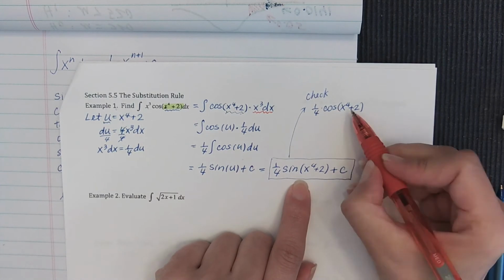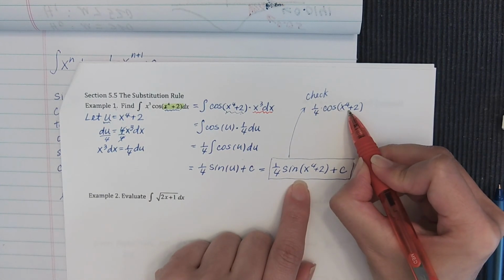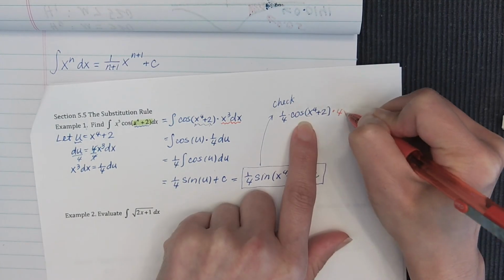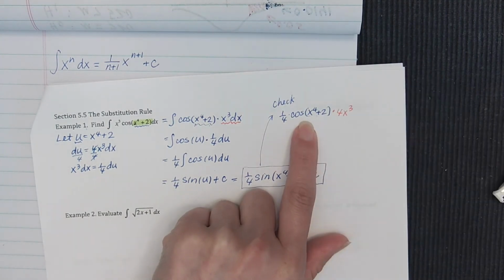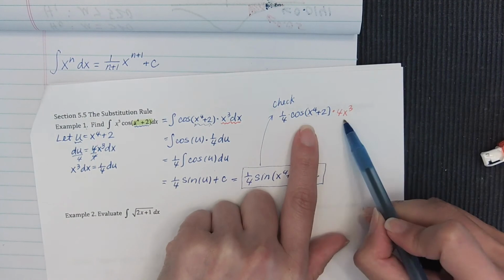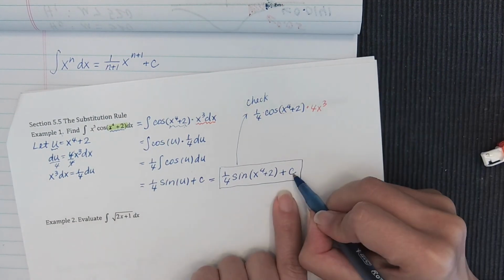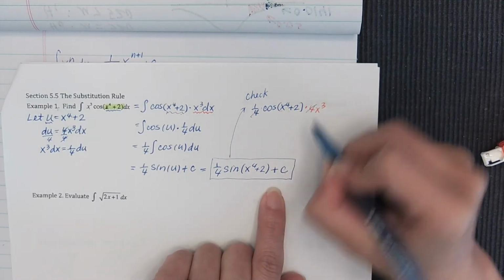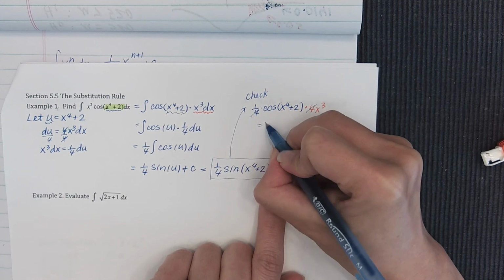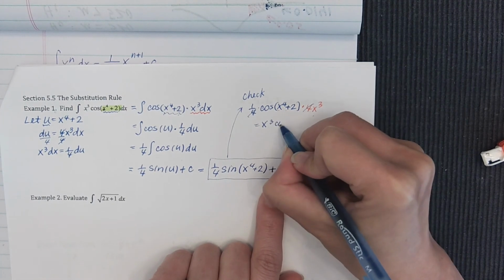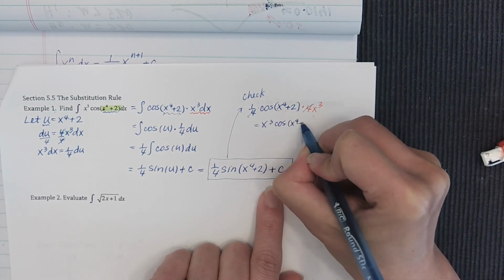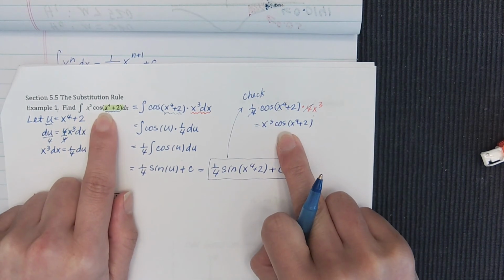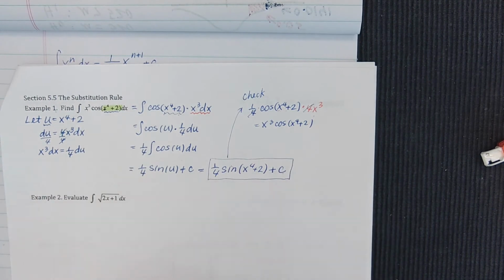Then, did you see what's happening on the inside? Chain rule. What does the chain rule say? It's 4x cubed. It's the derivative, not the integral. You say just 4x cubed. Then c is a constant. Constant goes away, 0, right? Then the 4 and the 4 cancel out. So you end up with x cubed cosine of x fourth plus 2, which is exactly my question. That's why I know this is the right answer.